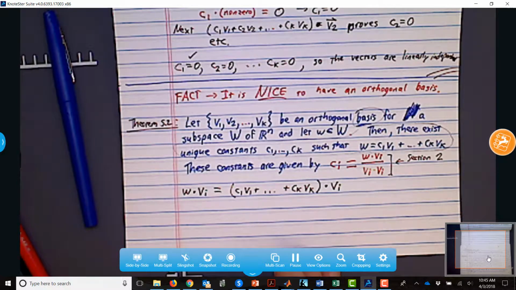And my question is, what am I going to do next? It's the same trick we did in the last theorem. Distribute. And when we distribute, what happens?